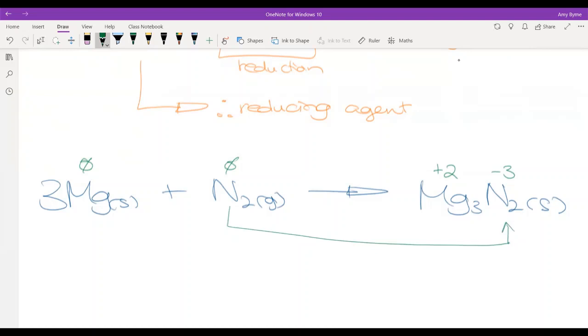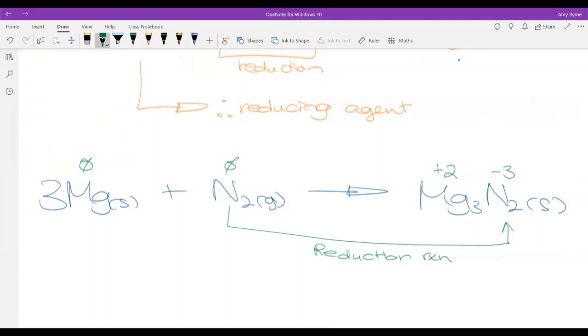So nitrogen, what reaction has nitrogen undergone? Nitrogen has undergone a reduction reaction because it has decreased in oxidation state. What that means, though, in terms of how my electrons are moving between these two, is it has ripped electrons off.